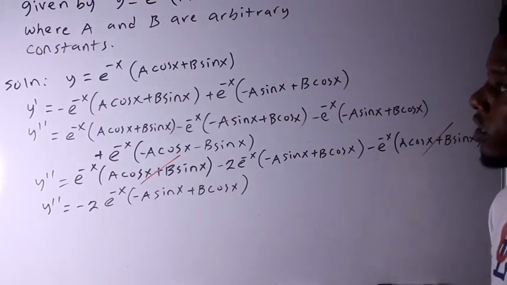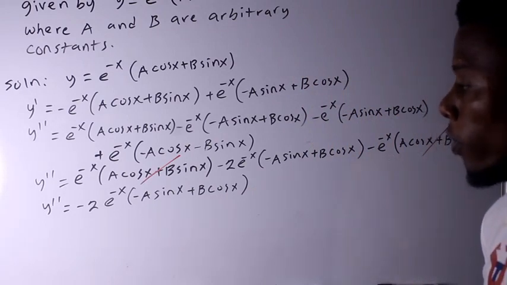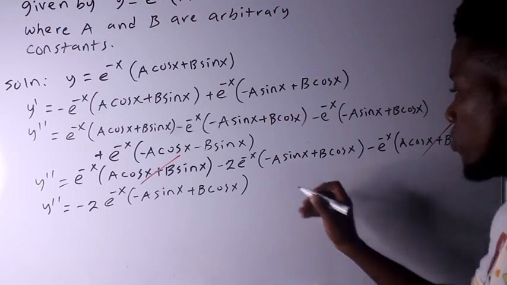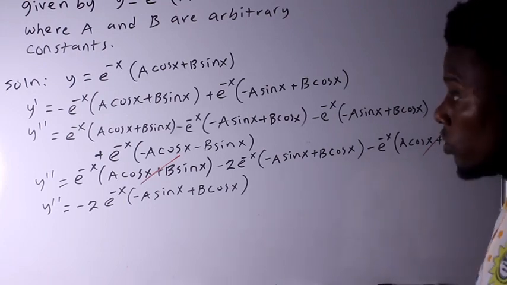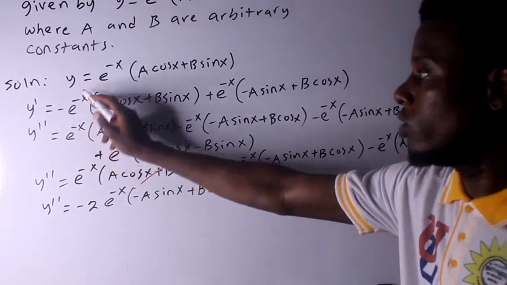Now, once we have this, we can move on to the derivative of y prime. So what was the derivative of y prime? I'm going to write that in red. We have y prime equals minus e to the minus x.